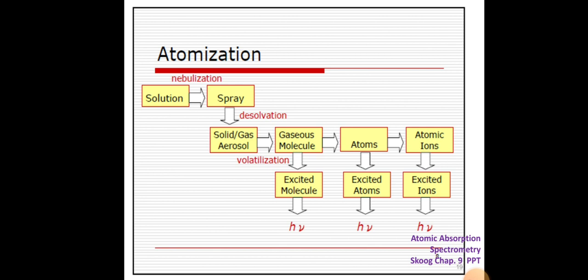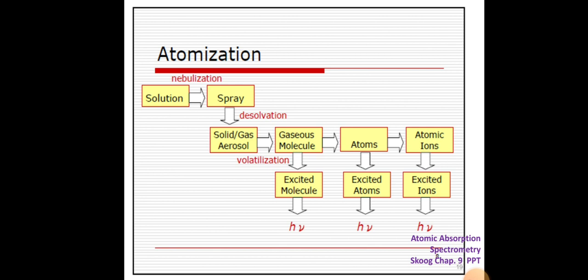And then we have the dissociation step, in which the gaseous molecules are converted into atoms. And if we increase the temperature even more, the atoms can also be converted to atomic ions.